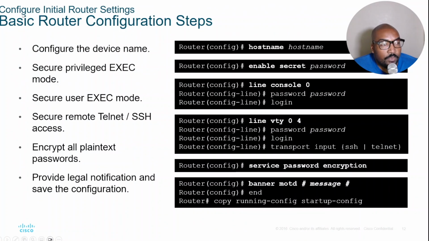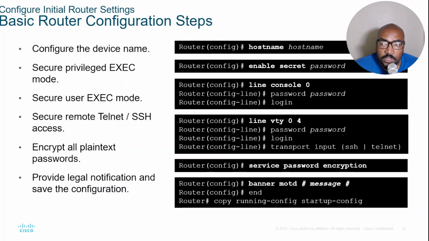All right, so essentially when you are getting into your router, there are some basic things that we have to take care of. Things that are very, very basic. The host name, and we have to enable the secret password for privileged exec. We need to have the remote access taken care of, SSH, so you can remote into it.